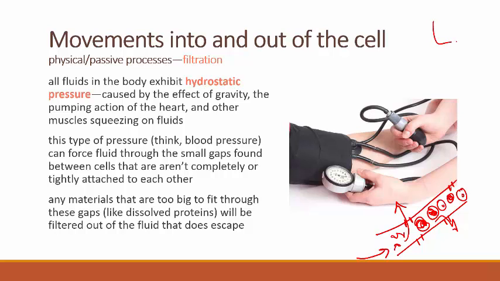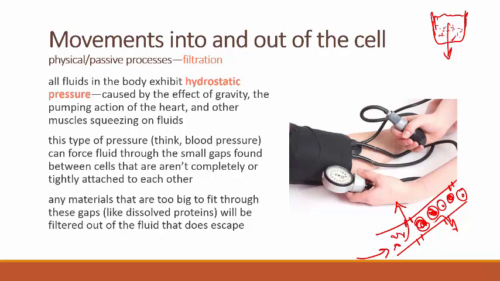Just like filtration with your coffee, if you think about a drip coffee maker, we use filtration. We fill up the coffee filter with ground coffee, and then hot water pours in, and then the pressure caused by gravity forces water to flow through the tiny pores in the paper. It's the same thing that happens in our capillaries.